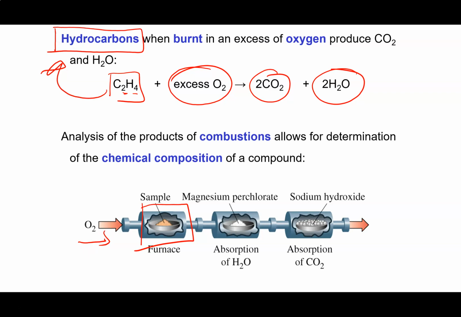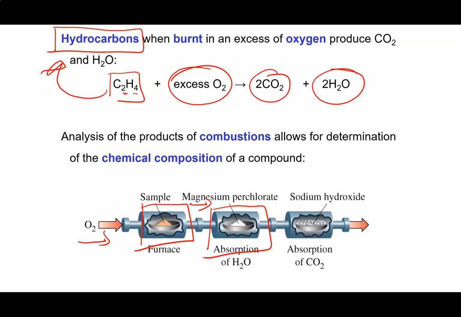That'll ensure that combustion occurs, but it'll also move these gaseous products of the reaction along. And then in a second compartment, we'll have a dish sitting on a balance.